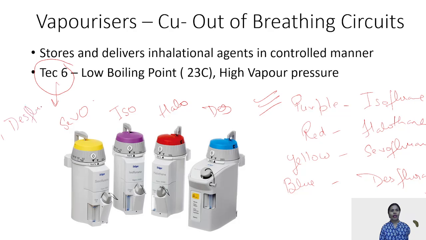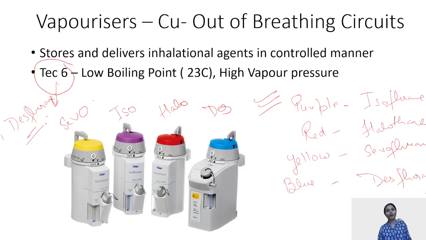desflurane. There are two properties of desflurane because of which we had to make a very special vaporizer just for it. You just have to remember these two properties of desflurane. One, it has a very low boiling point. It boils very fast.